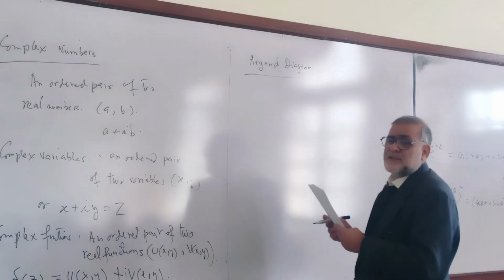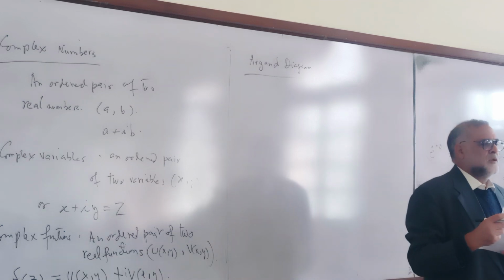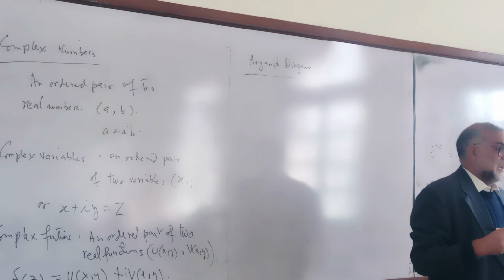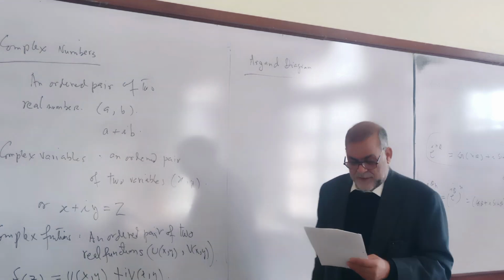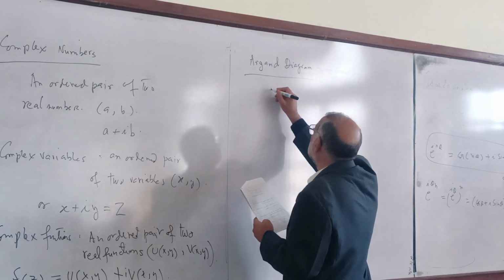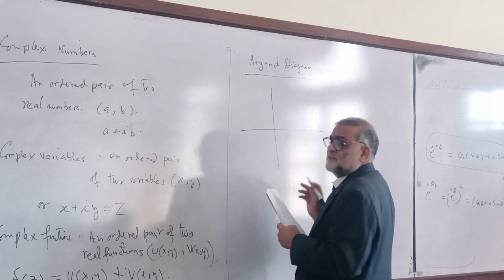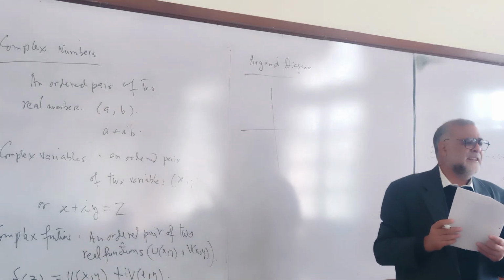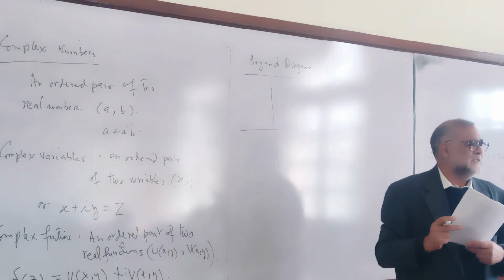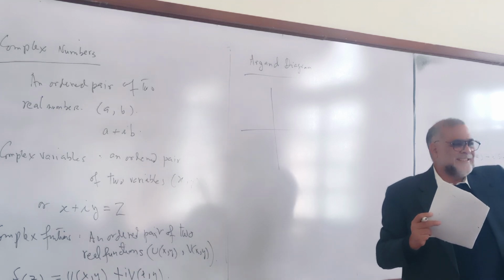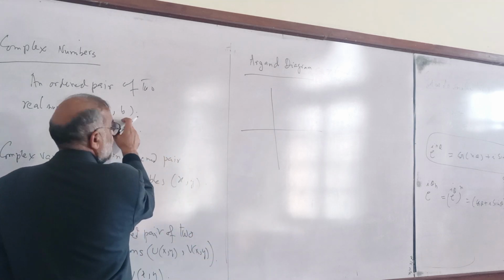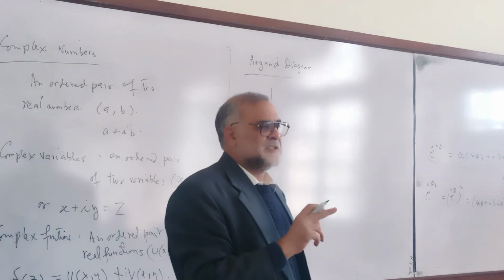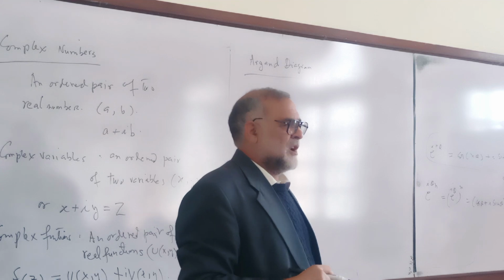Okay, so the Argand diagram represents a complex number, a complex variable. It is usually a plane in which there are two axes. Ordered pair, two axes, two variables in which order is important.